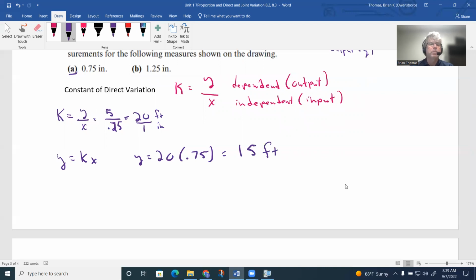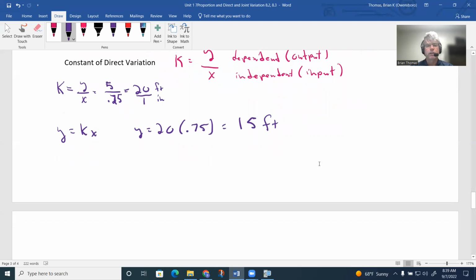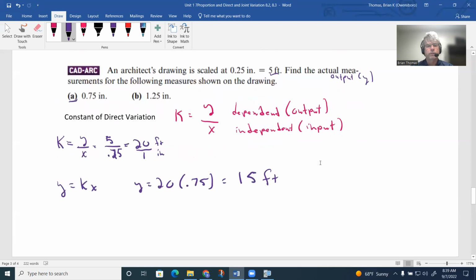So if the measurement on the drawing was 0.75 inches, the actual distance would be 15 feet. And that makes sense, because 0.75 is like 3/4.